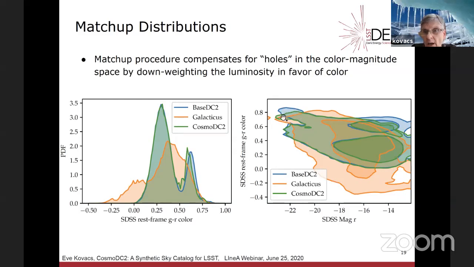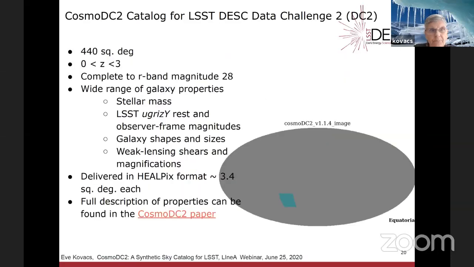The way we try to mitigate this is by adjusting the matching criteria, and we down-weighted the luminosity matching in favor of color. So we did manage to extend our reach into this region where we in principle didn't have any Galacticus galaxies. And then we just retuned the luminosity to match what we wanted.